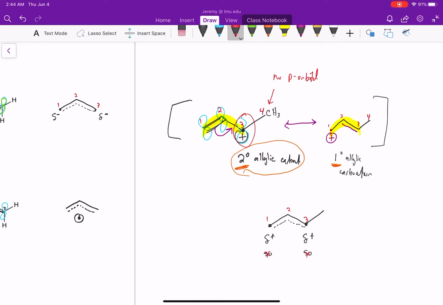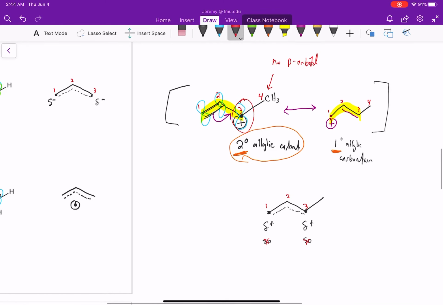You're not going to have 50% plus at carbon 3, right? This might be more like a 20-80 or a 10-90. And the numbers aren't really important here. It's just understanding that this is the major contributor of the resonance structure, okay? And it's not that we can say it's more stable, right? Because this is only, again, one structure, all right?